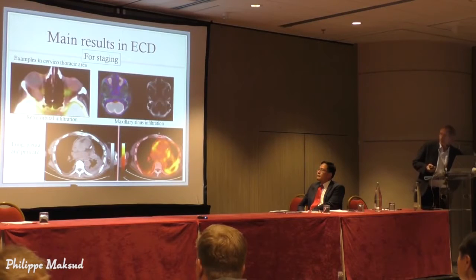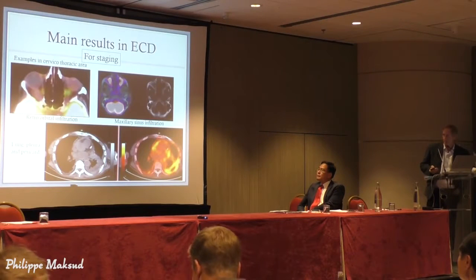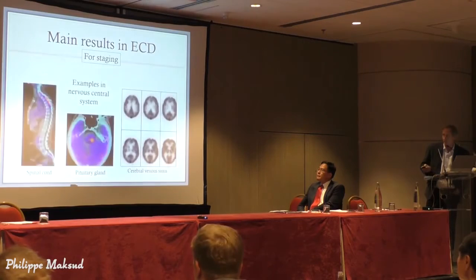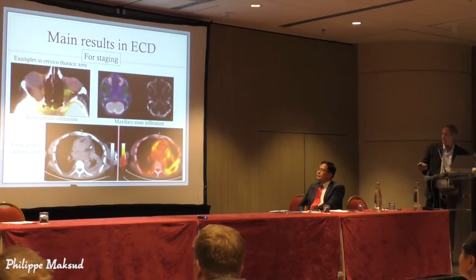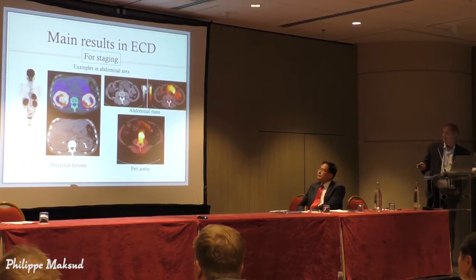Some other examples in the cervicothoracic area: one retroorbital infiltration, a maxillary sinus infiltration, and in the lung, pleura, and pericardium. In the abdominal area, a perirenal fibrosis, an abdominal mass, and a peri-aortic infiltration.